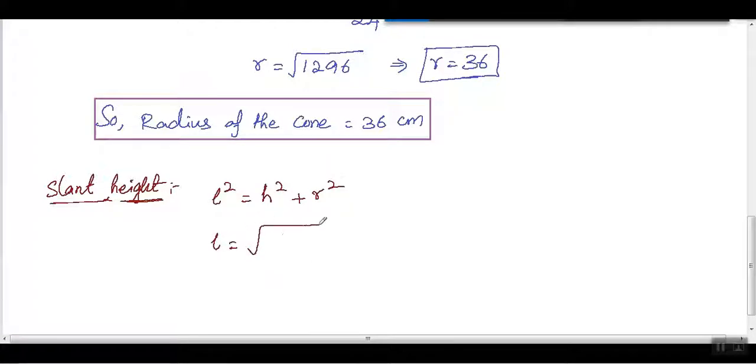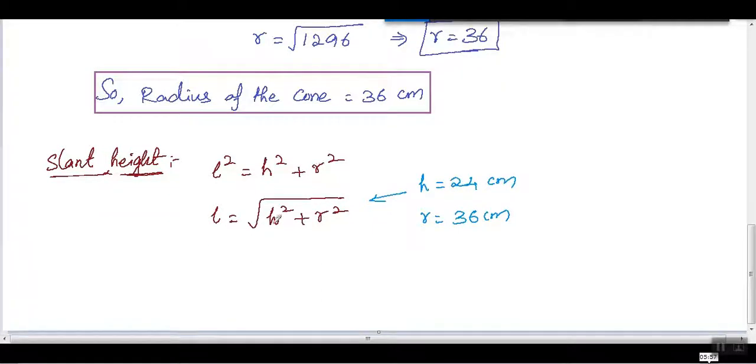So L equals square root of h square plus r square. We know that the height of the cone is 24 centimeters and the radius of the conical heap is 36 centimeter. So substitute these values into this formula and find the slant height.